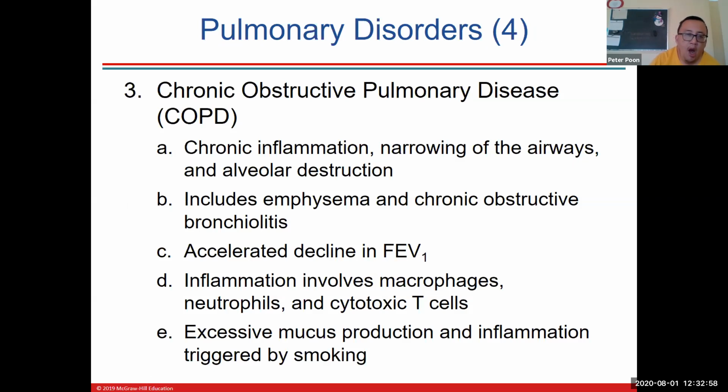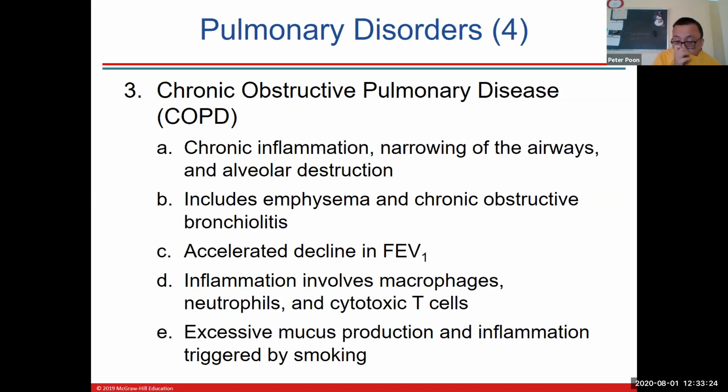COPD. Chronic obstructive pulmonary disease. Chronic inflammation, which leads to narrowing of the airways, and destruction of the alveolar wall. That includes emphysema and chronic obstructive bronchitis.